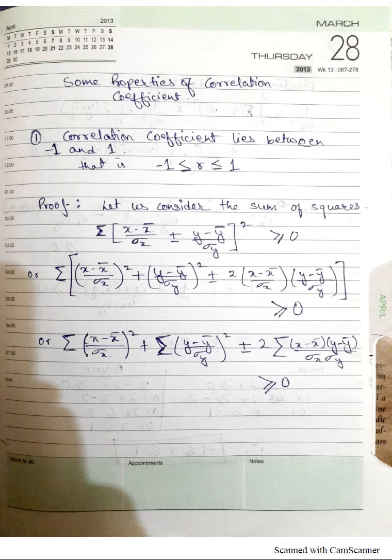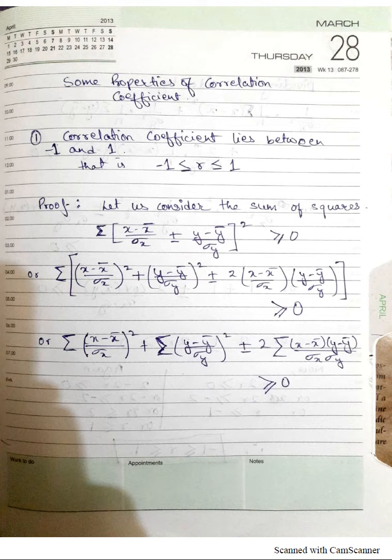Suppose in an exam you are given to find the correlation coefficient of some set of data. After you get your answer, if your answer is less than -1 or greater than +1, then you should automatically know that your answer is wrong, because the correlation coefficient can never be less than -1 or greater than +1.